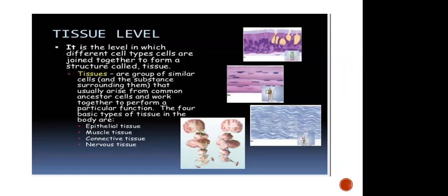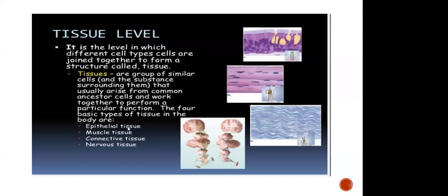Epithelial, muscle tissue, connective tissue, nervous tissue are the examples of tissues in animals, which are discussed in the next class. But let us see a little about these types of tissues. Okay, children?